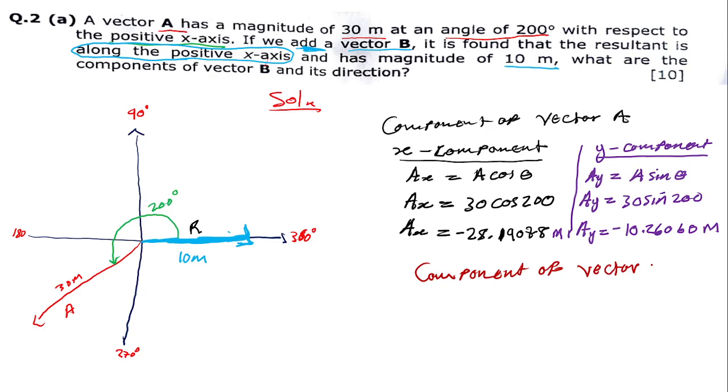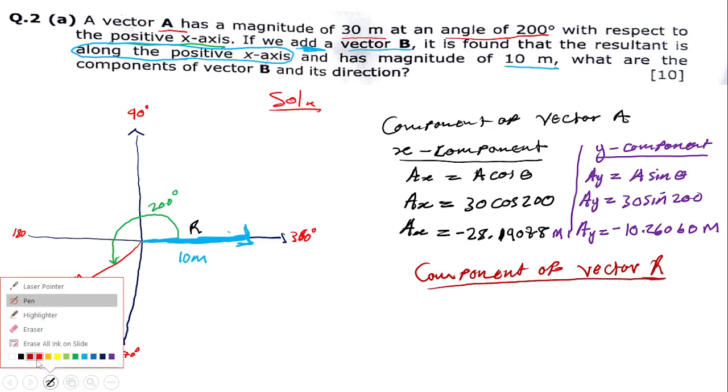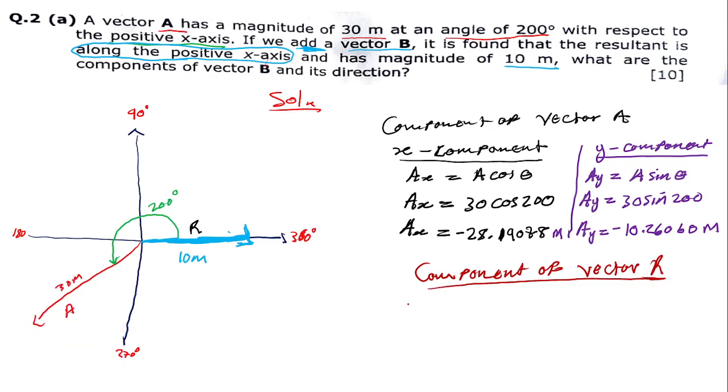So from here, if you look at vector R, it is along the x-axis, so no need of stressing. Then the cos is 0. So here you're going to say Rx is simply equal to R cos theta. That's the x component.